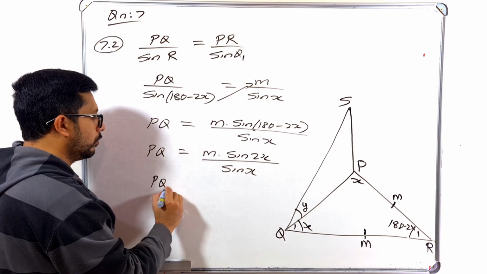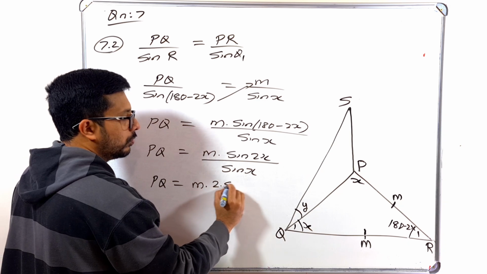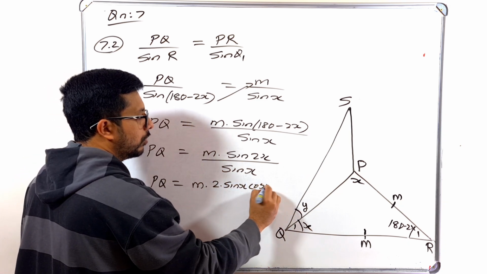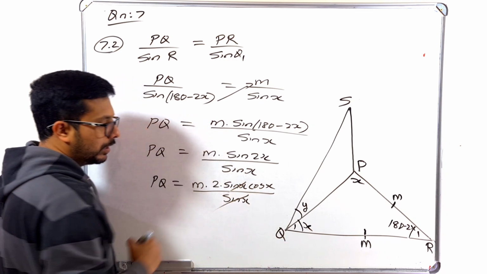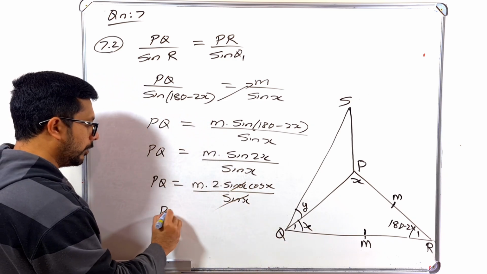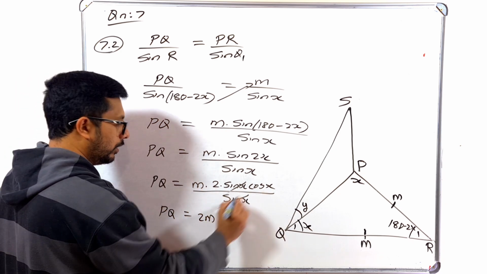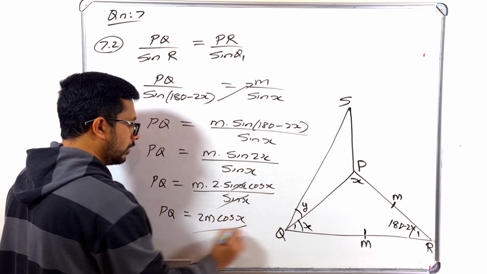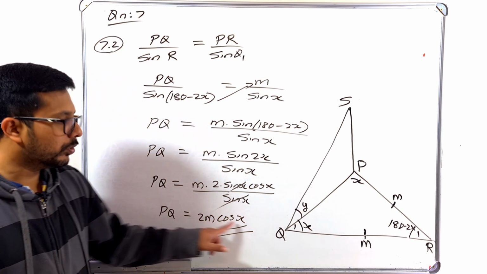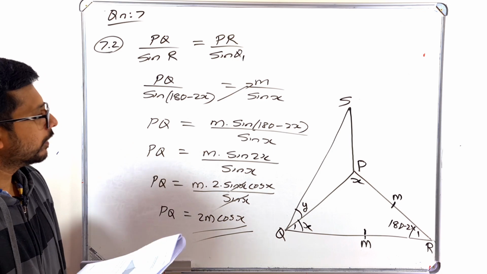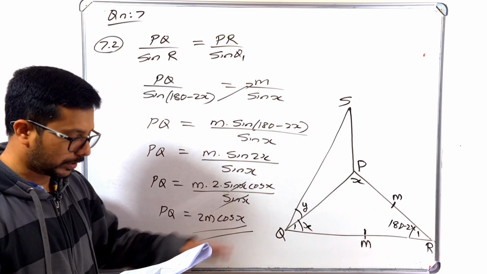So PQ is equal to m into, how can you expand this? 2 sine x cos x divided by sine x. Here sine x and sine x cancel. So PQ is equal to 2m cos x. Okay, so here I applied the sine rule, and that's how I got this answer.